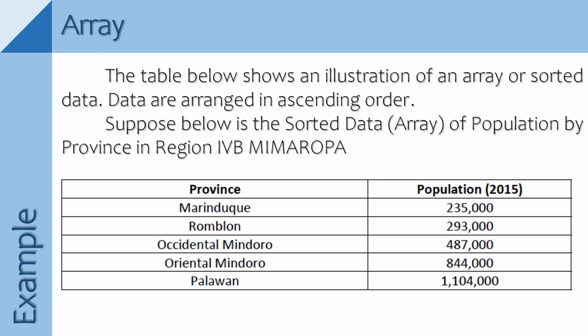The second column is the population: 235,000 for Marinduque, 293,000 for Romblon, 487,000 for Occidental Mindoro, 844,000 for Oriental Mindoro, and 1,104,000 for Palawan.